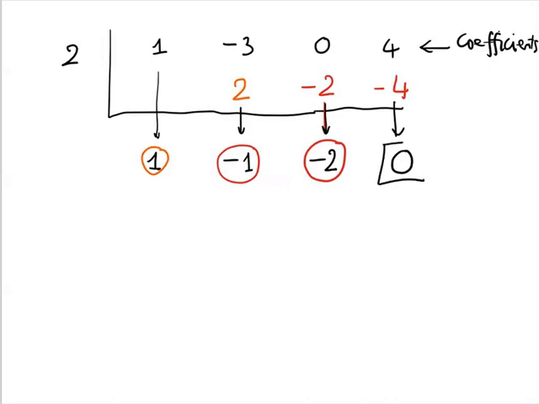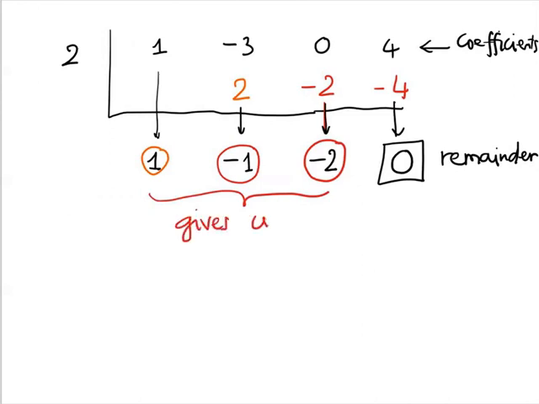Now, in general synthetic division, this is the remainder. But because 2 is a root, the remainder must always be 0. And these three coefficients give us the quotient.